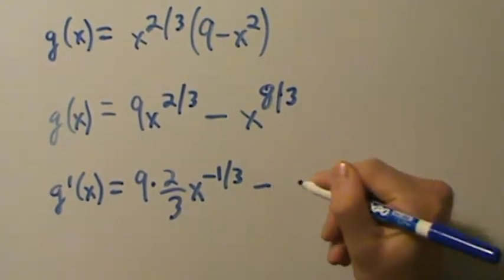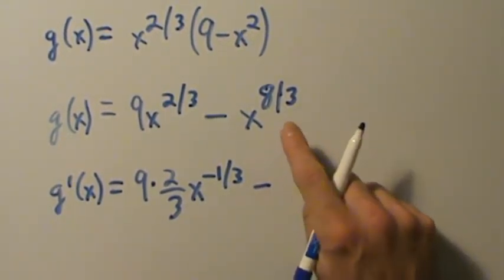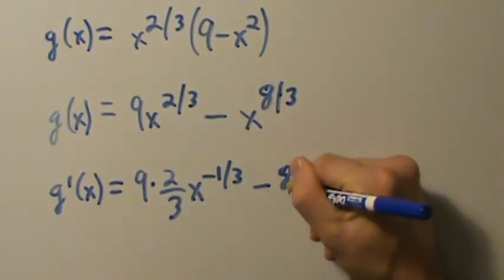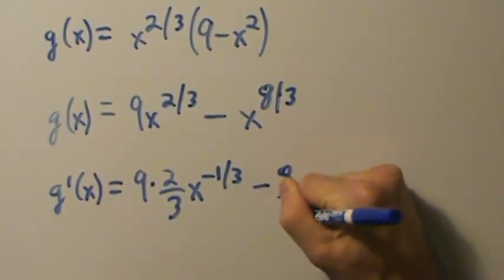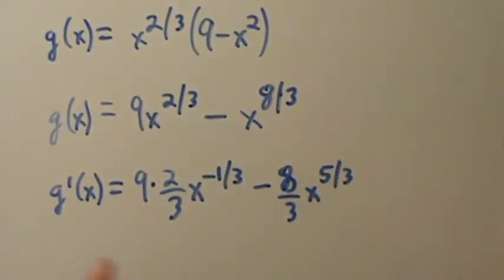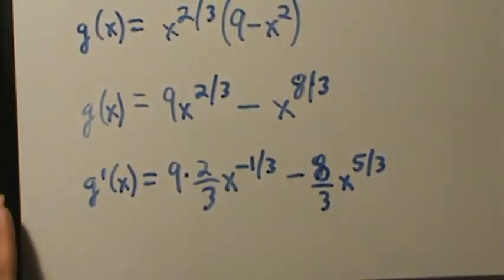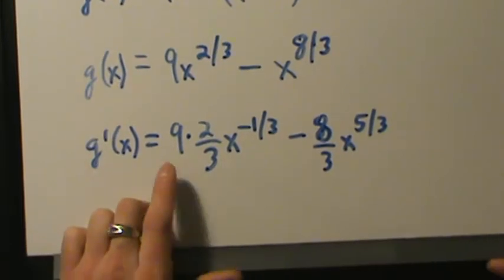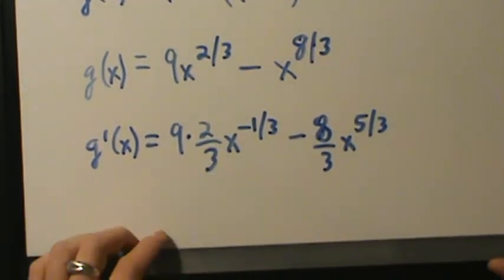And then minus, so when we take a derivative, we get 8/3 x to the 5/3. Okay? So that's what's happening here. So let's go ahead and simplify this a little bit. 9 times 2/3, that's going to be 6. Okay, so 3 goes into 9 3 times, then 3 times 2 is 6.